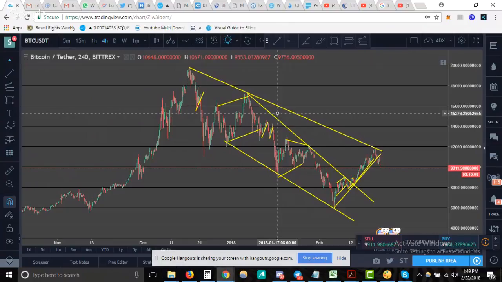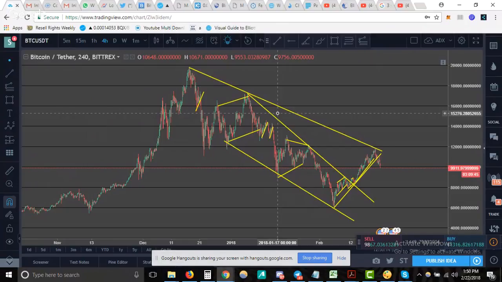It can predict where the market is going to go and its next behavior. So today we're going to look at how we can apply Elliott wave to analyze what Bitcoin is doing and what is really going on.